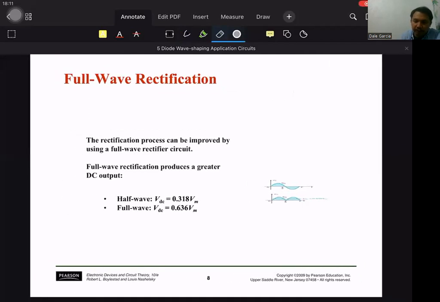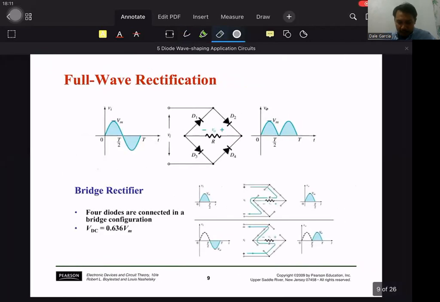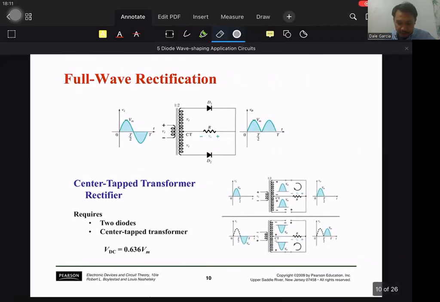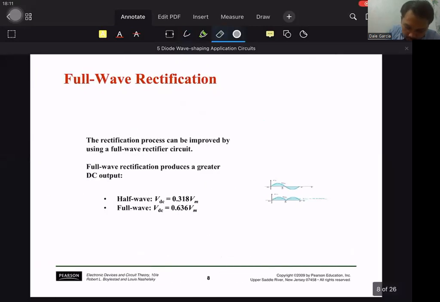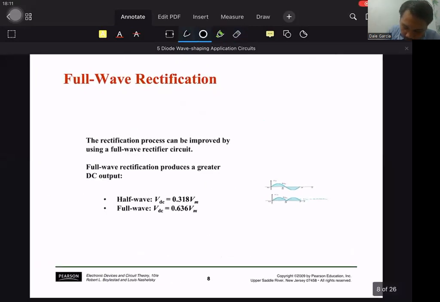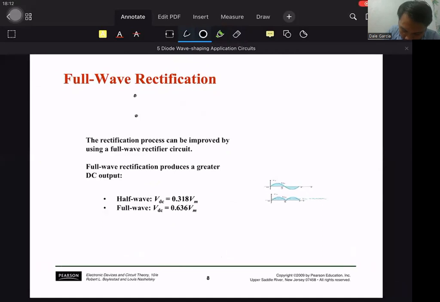Now we have two types of full wave rectifiers. We have the bridge rectifier and the center tap rectifier, or center tap transformer. Bridge and center tap.